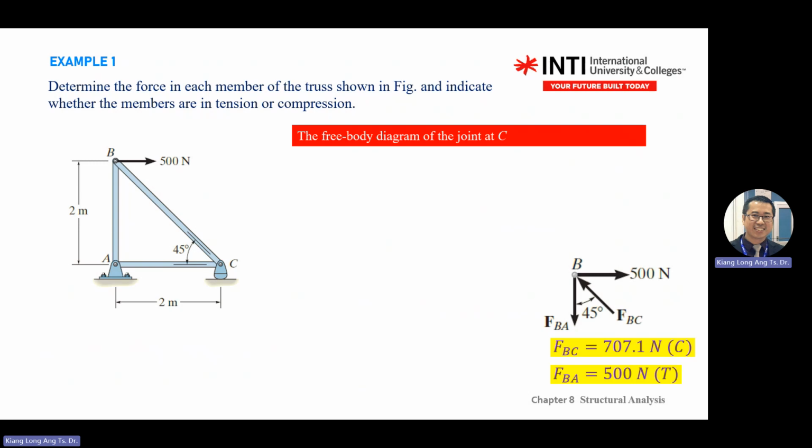Draw like this. Why can you draw like this? Because you have a two force member. You assume it is a two force member.